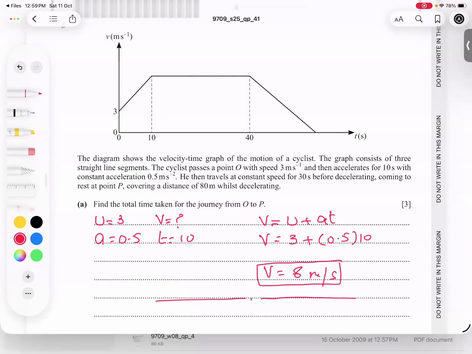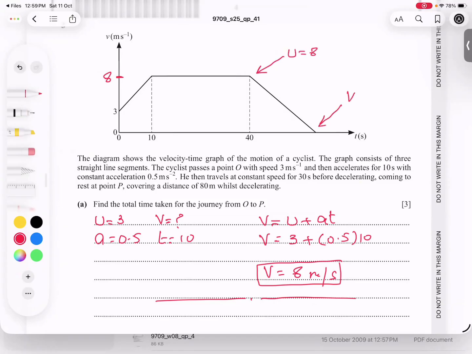This part is over. So this means at this time the speed is 8, so I'm writing here 8. Now, students, we can focus on this part. The speed at this moment is 8, so here it is the starting velocity, 8.